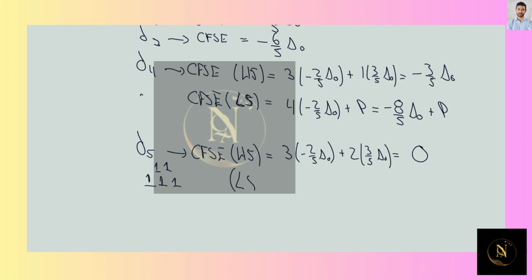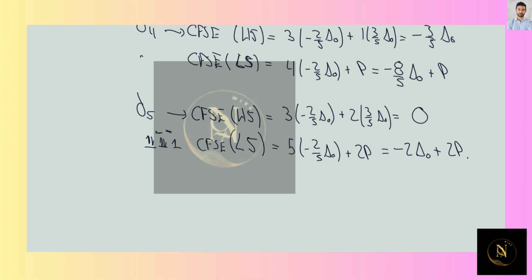On the other side, for a low spin configuration, the arrangement would be the following: 1, 2, 3, 4, 5 electrons. We would get 5 times minus 2 over 5 delta naught plus 2 times the pairing energy. So the crystal field stabilization energy in this case would be equal to minus 2 delta naught plus 2 times the pairing energy.